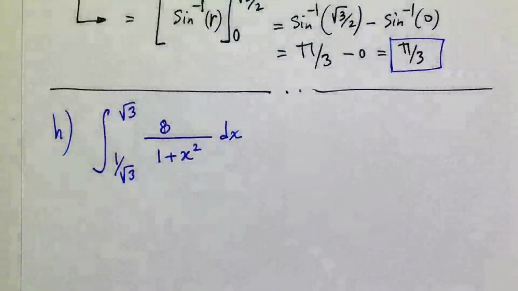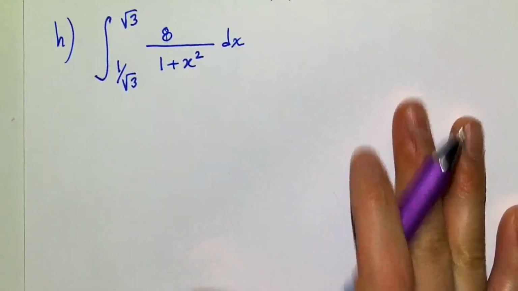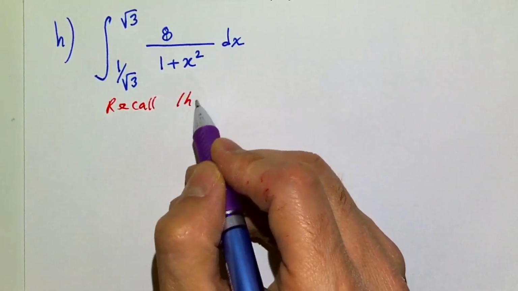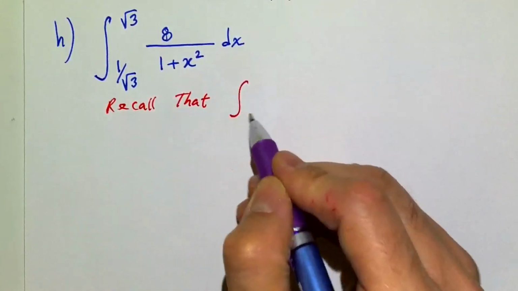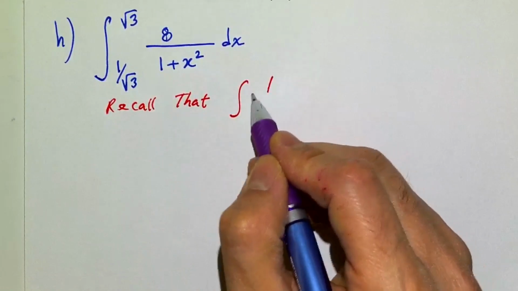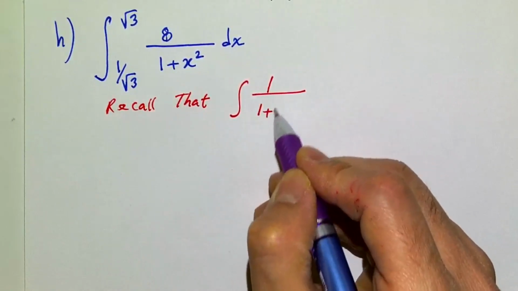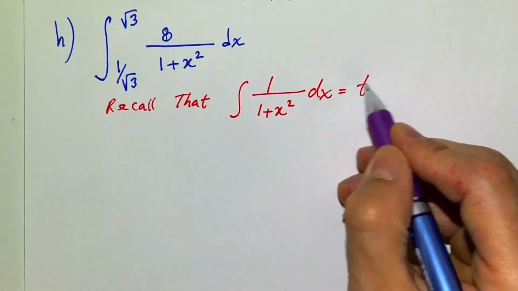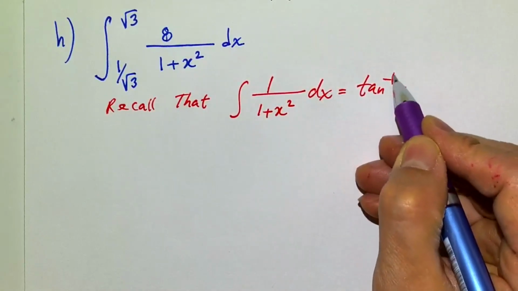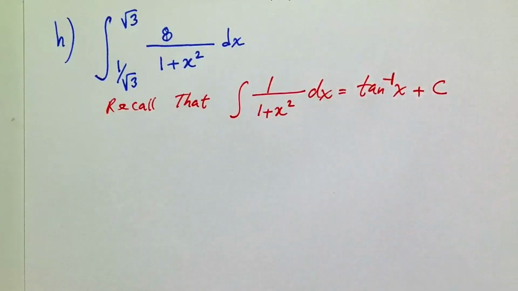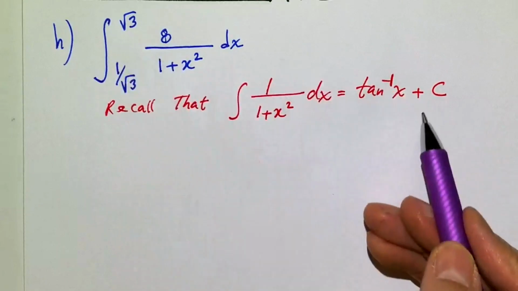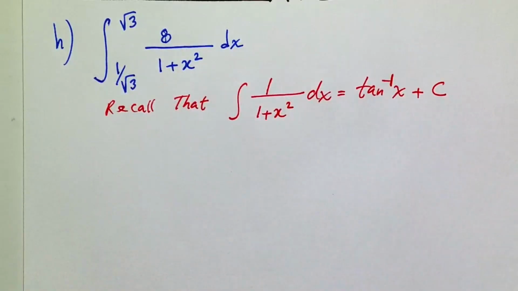Okay, great. So let's recall the antiderivative, the indefinite integral of 1 over 1 plus x squared dx is equal to inverse tangent of x plus c. Of course, we have a definite integral, so we're not going to need the c.